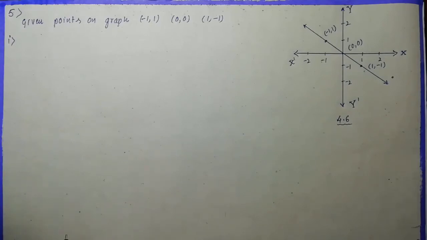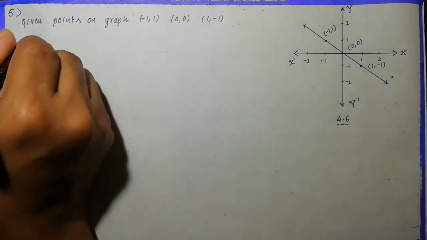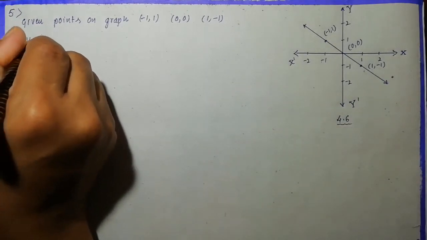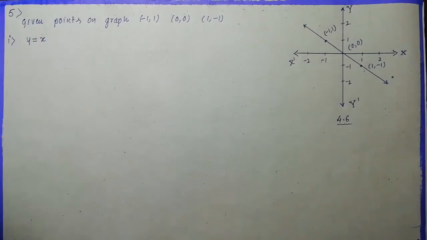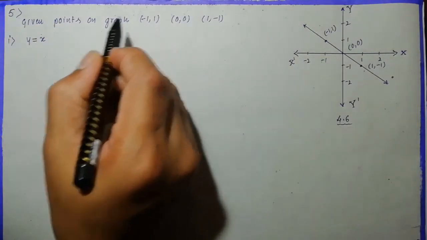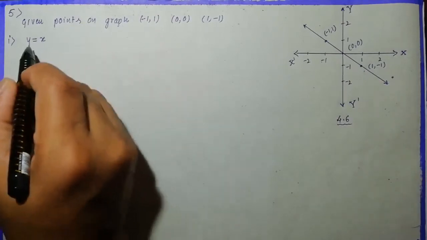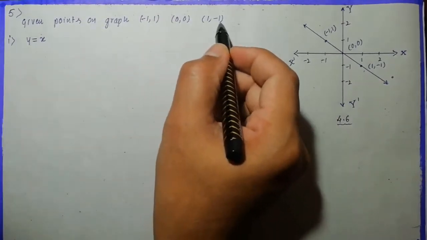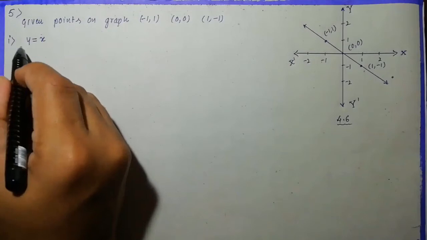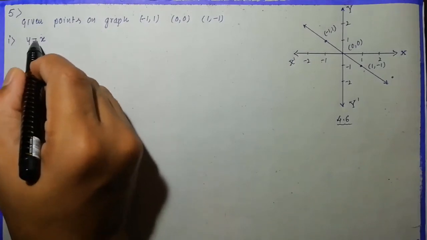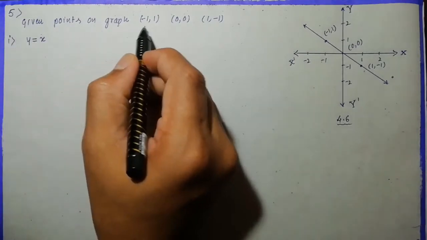So now look here, I'm going to verify the first one. It is y is equal to x. Now how to verify this one? You have to put these points here: minus 1 comma 1, and 0 comma 0, 1 comma minus 1, and this equation should be satisfied for all the 3 points.